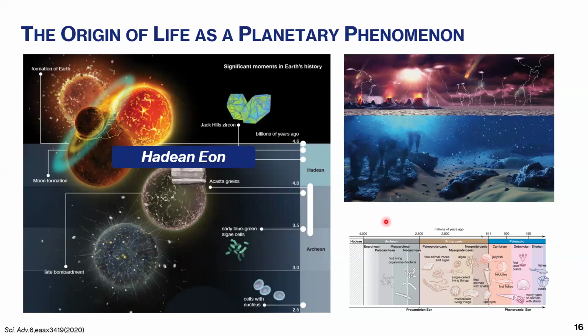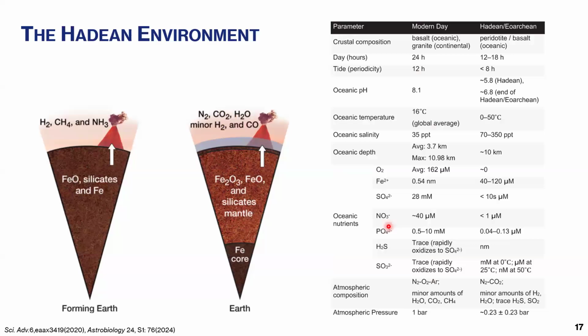The impact increased the abundance of heavier elements at the surface, while the Moon itself creates tides that help cycle elements through the hydrosphere and atmosphere. About 10 million years after the Moon-forming impact, magnesium-, iron-, and silicon-rich olivine and pyroxene minerals crystallized to form a predominant crust.